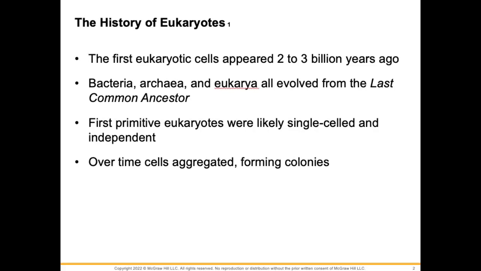We had talked about bacteria and archaea, and remember those fall under the umbrella of prokaryotes, which your book has not mentioned yet. At least I don't think it has. So many times you'll hear me talk about prokaryotes versus eukaryotes.